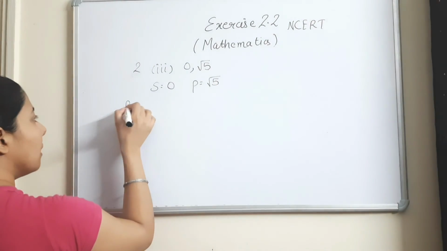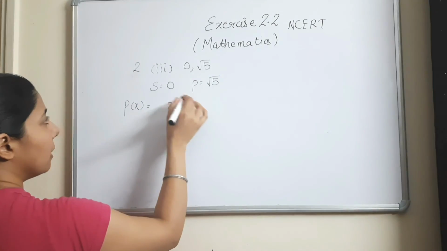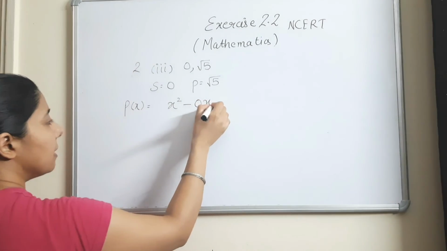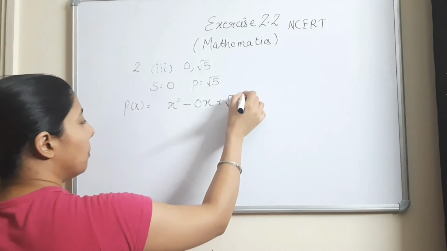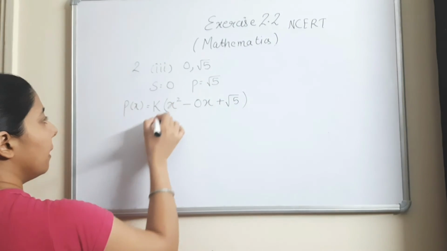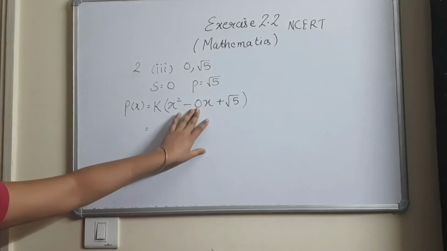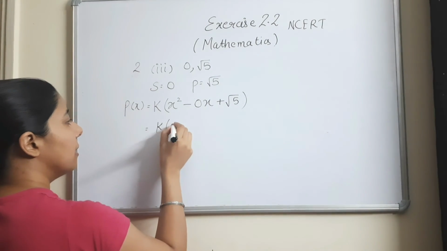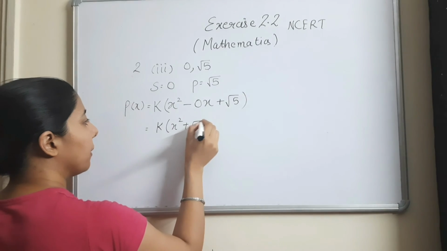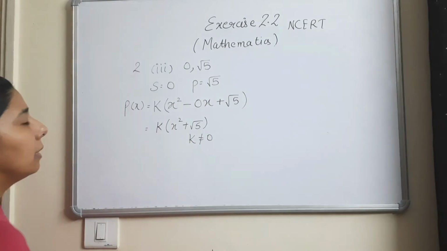Now for writing the required polynomial, write it as x square minus whatever sum is given, and put x, and then write whatever product is given, put them in brackets and write k. The term with coefficient 0 can be skipped. We can write it as x square plus root 5, where k is not equal to 0. Done?